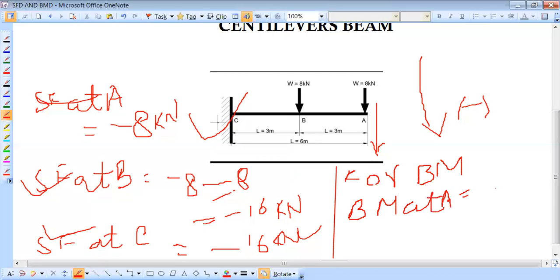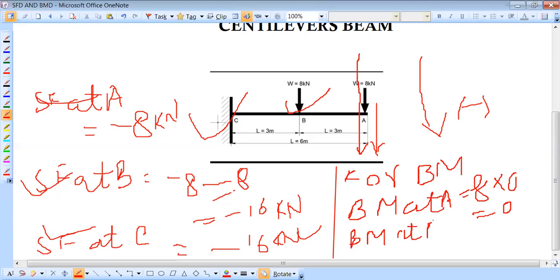If we stand here and find the bending moment, it is 8 into 0, which means the bending moment is 0. No bending moment.